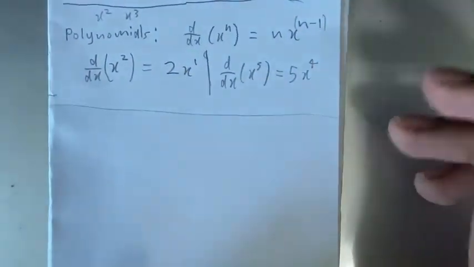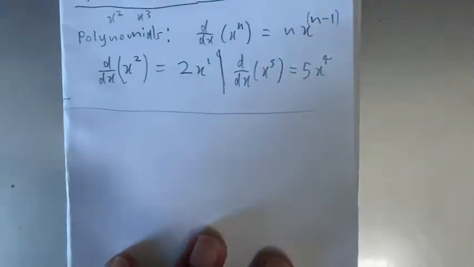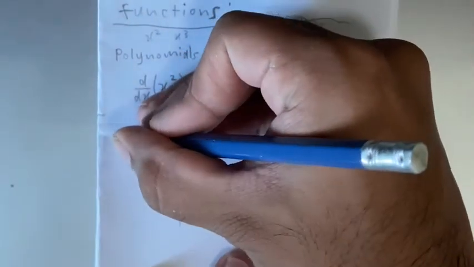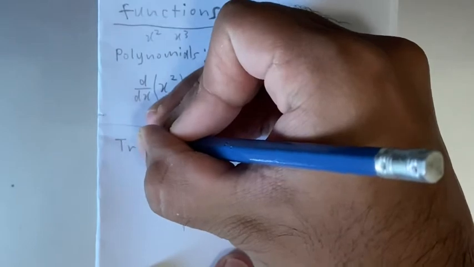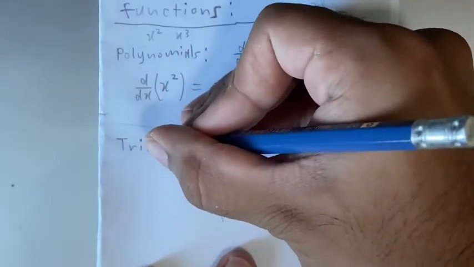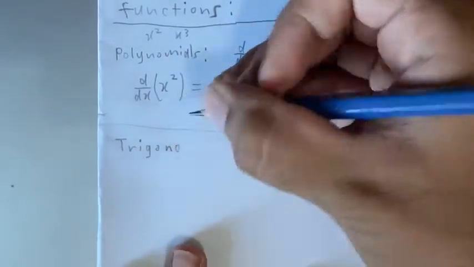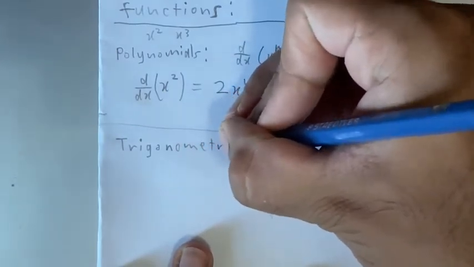Next, let's look at trigonometric. That's a fun one because it's kind of weird to memorize.